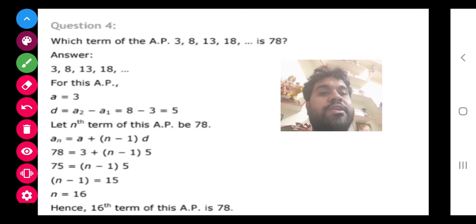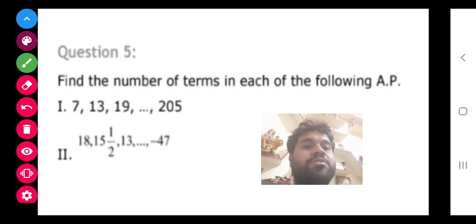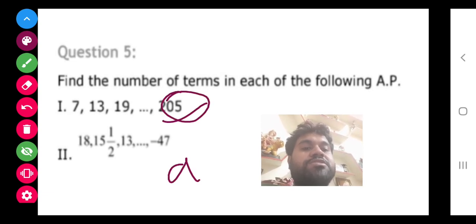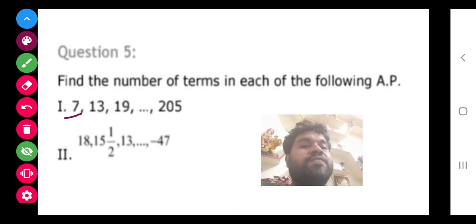I hope you all are understanding, class. Class, you have to view this again and again, I am telling you. Now the next question is the same question: which term is 205. Again, this is our an, and we have to get the value of n. a is 7, d we will find out by this minus this, and after that we have to put the formula of an.